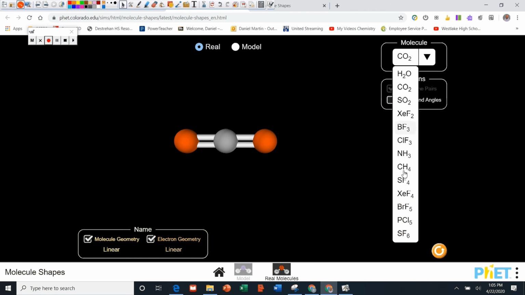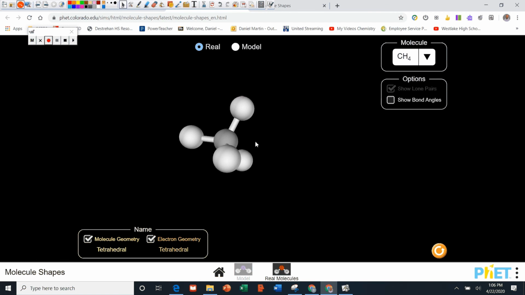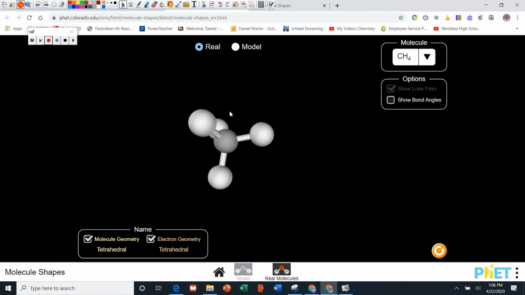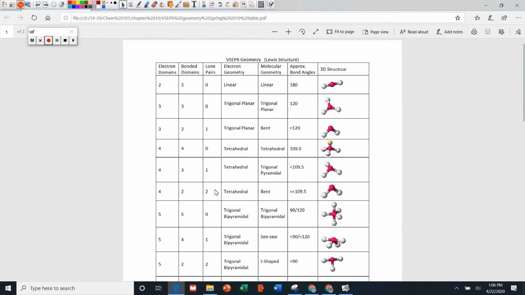I am going to refer back to this when we start talking about polarity. Tomorrow I'll be using this sheet to talk about polar versus nonpolar and what makes a molecule polar versus nonpolar.